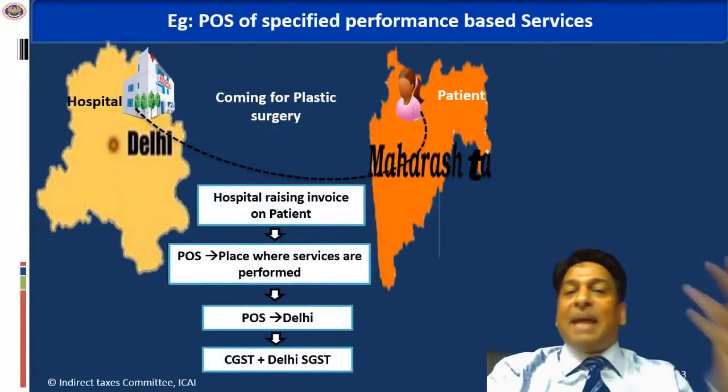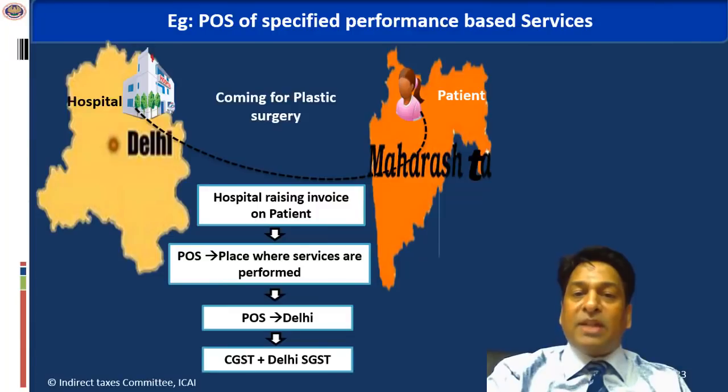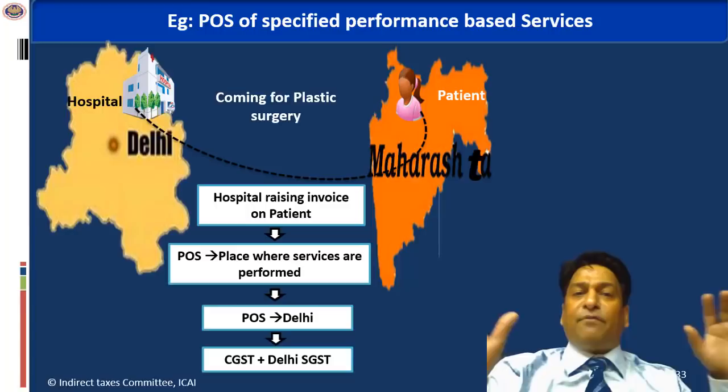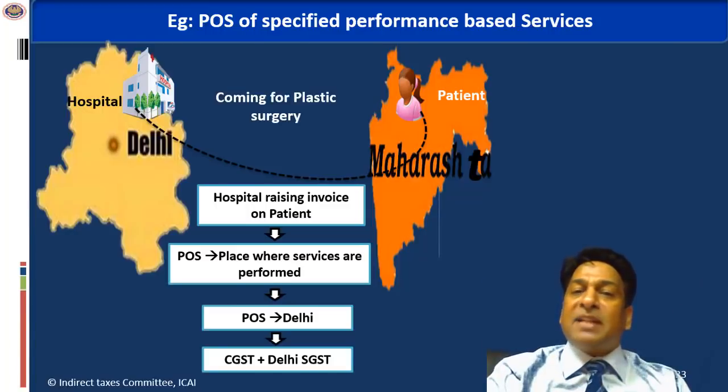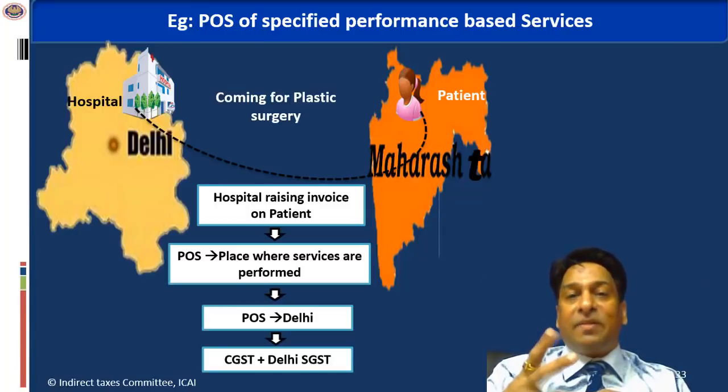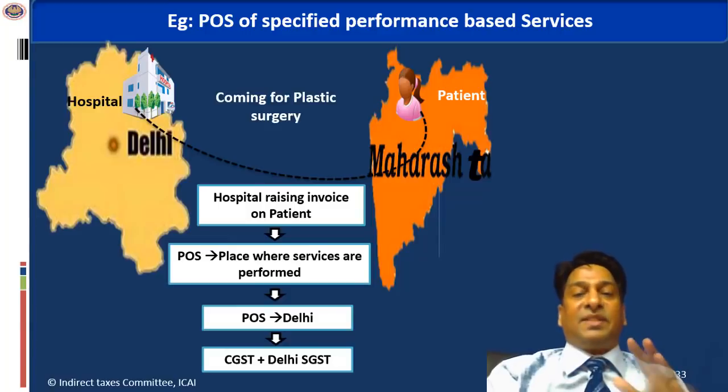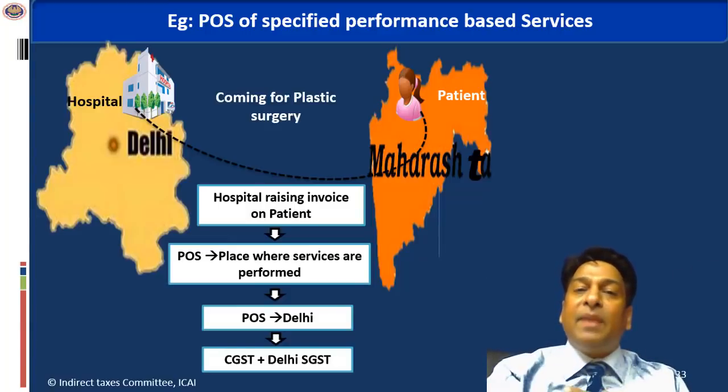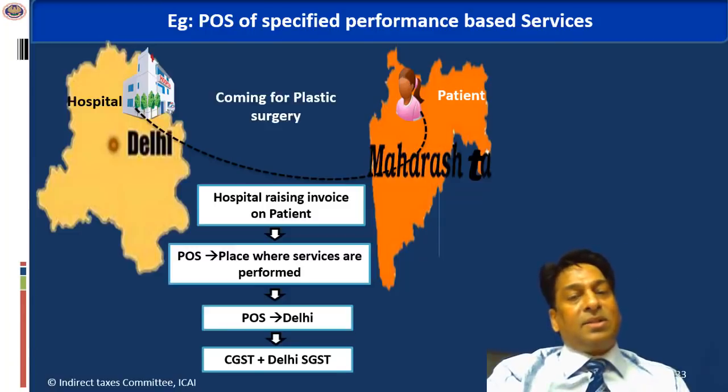Having said that, one example is being created for you: a patient coming from Maharashtra for getting plastic surgery done in a hospital located in Delhi, which is performance-based. Since this plastic surgery for beautification does not fall under healthcare services, we have to identify whether the transaction is intrastate or interstate.